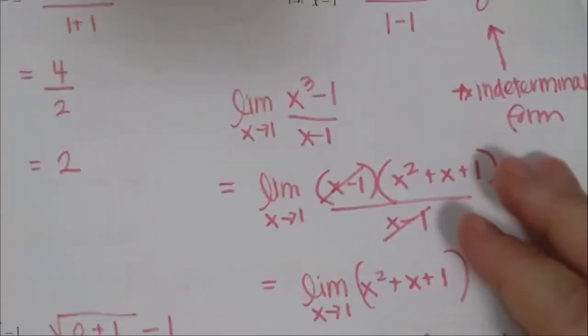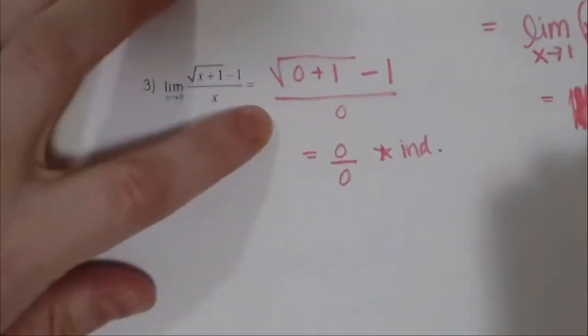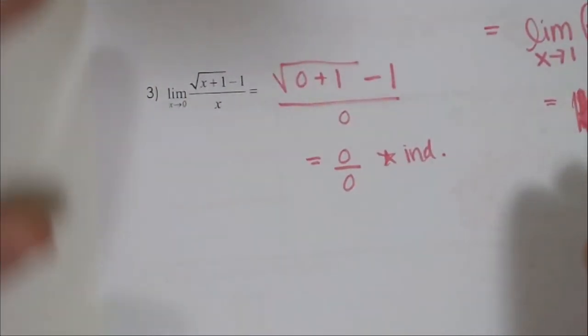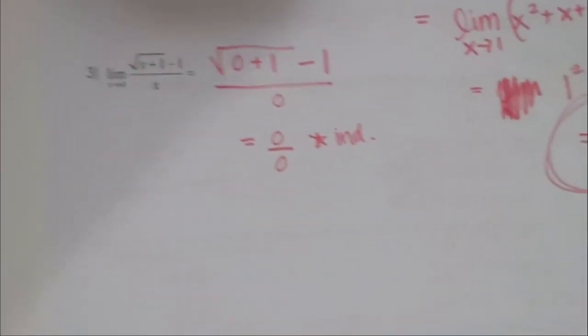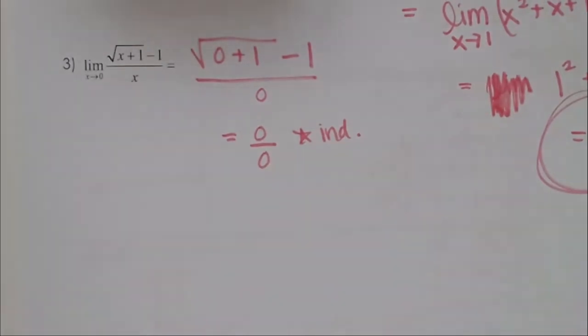Now on this one, factoring was very helpful for number 2. This one, factoring's not going to help me out very much here. So we need to pull back to another concept from other math classes, and that is multiplying by the conjugate.